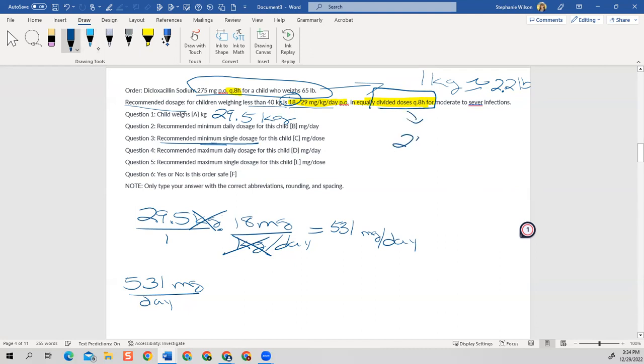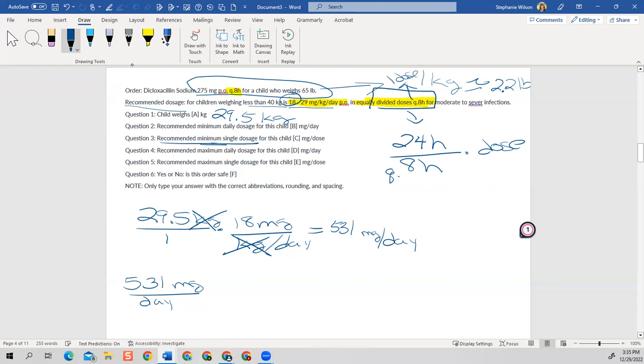We know there's a total of 24 hours in a day. Well, if we're doing this every 8 hours, we want to see how many times every 8 hours occurs in that 24 hours. And it's going to be per dose, per 1 dose. Let me write this a little bit neater.